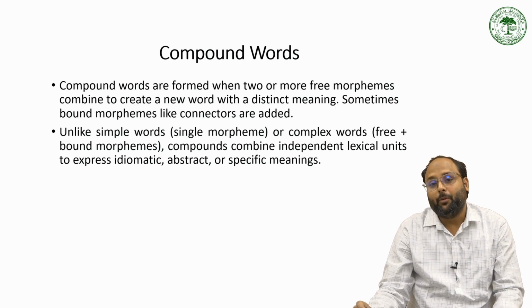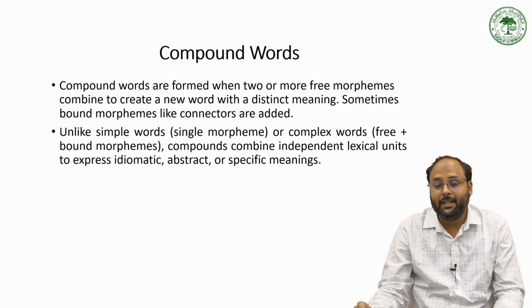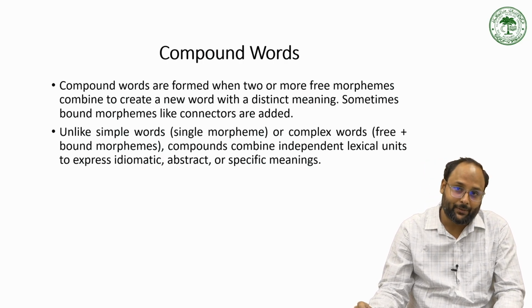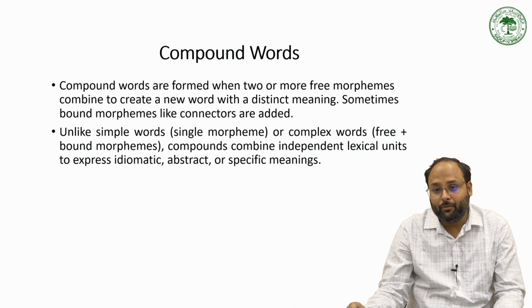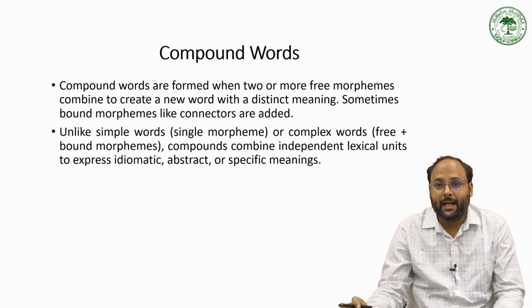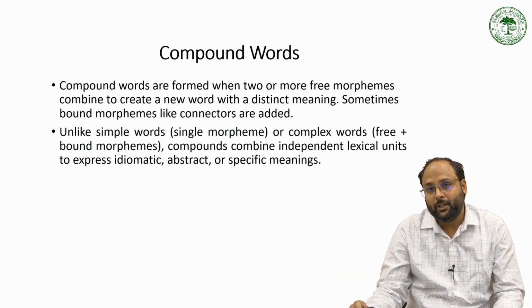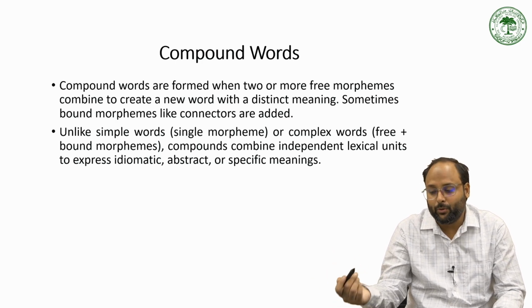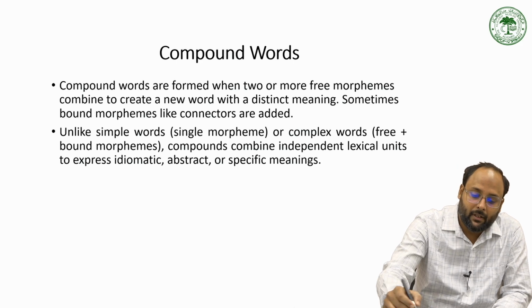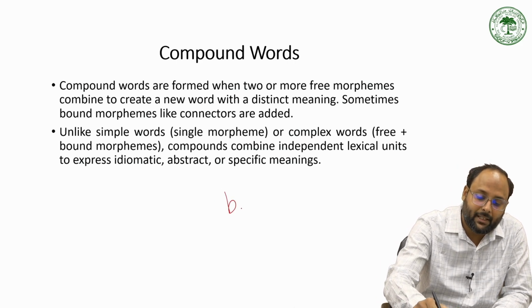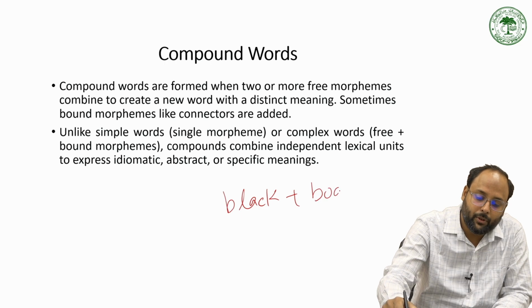Now come to the compound words. Compound words are different from complex words. In a compound word, we can form a new word by just adding two free morphemes, or two simple words, or two root words. Like we have the word black plus board.